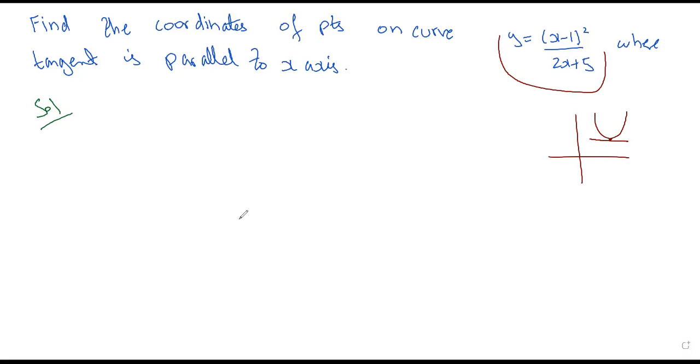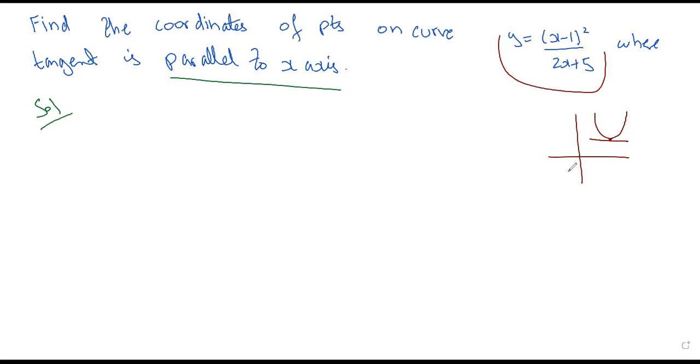No? That will only apply for a straight line, and this is not a straight line, so you cannot use the same gradient, or can you? Yeah, you can. This is how my drawing is, but the question says where the tangent is parallel to the x-axis.